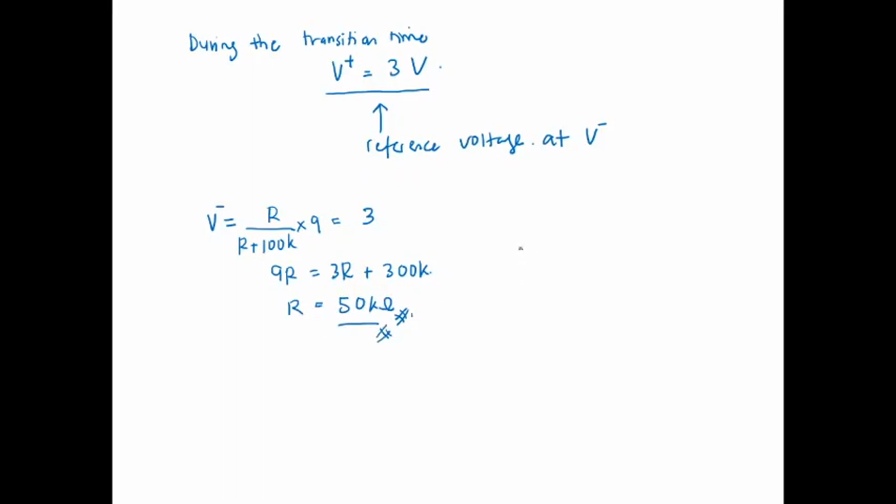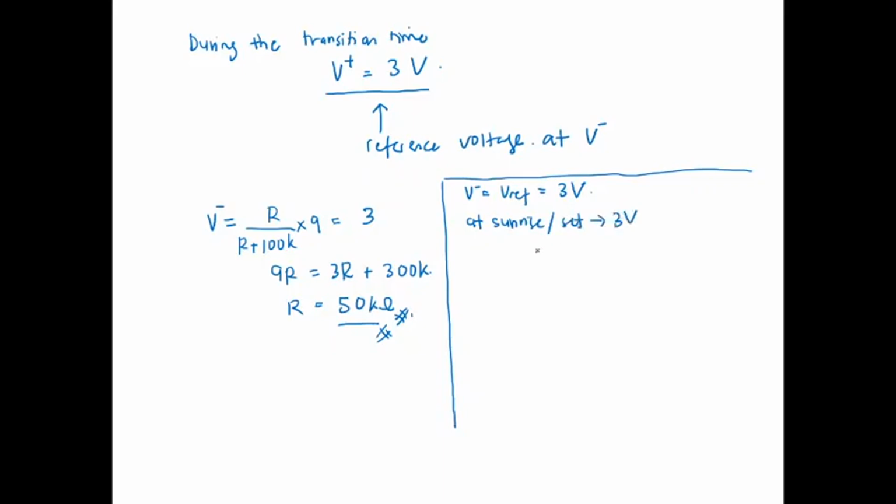Okay. So if you want to describe the operation of this system, we know that V minus is the V reference, which is at 3 volt. At sunrise or sunset, this is the value of 3 volt.